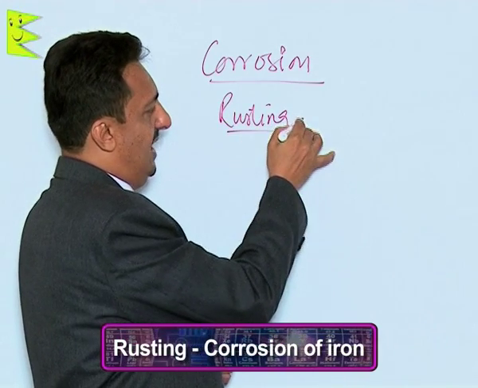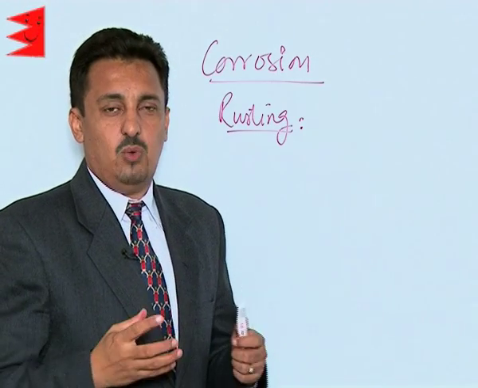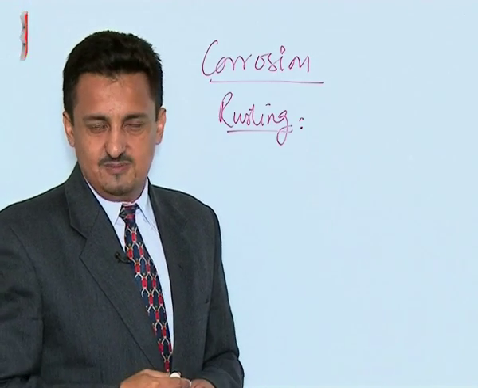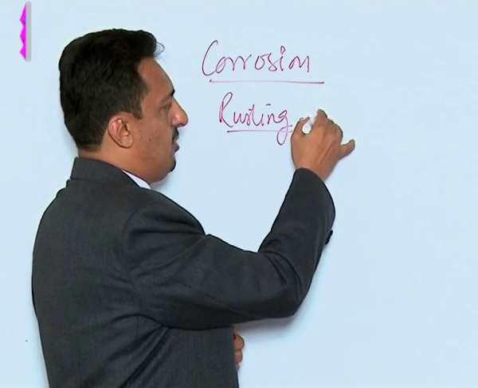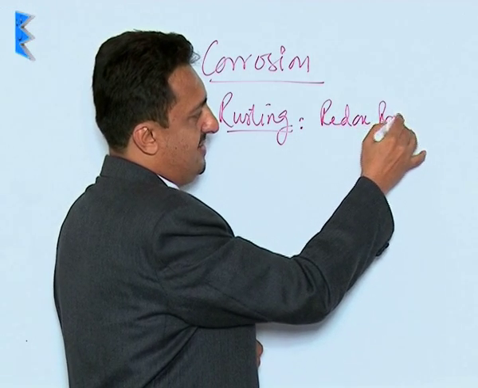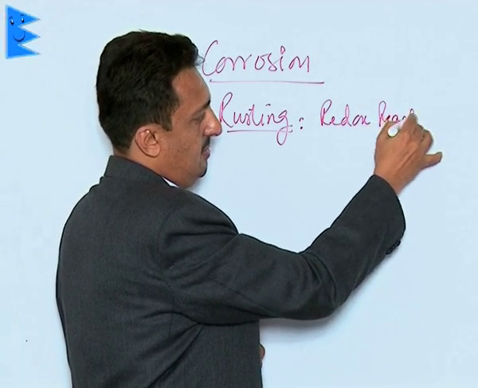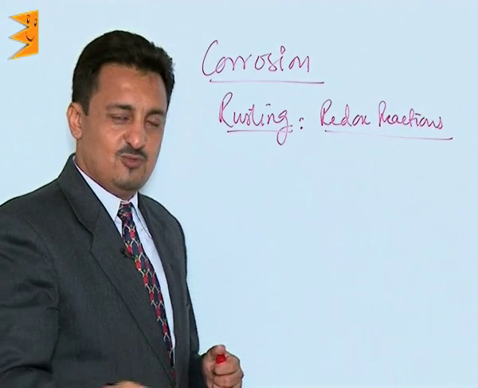Now in our syllabus we have to understand how rusting or corrosion of iron takes place. Rusting of iron is a very complex redox reaction which takes place when the surface of the Fe metal gets exposed to air and water.